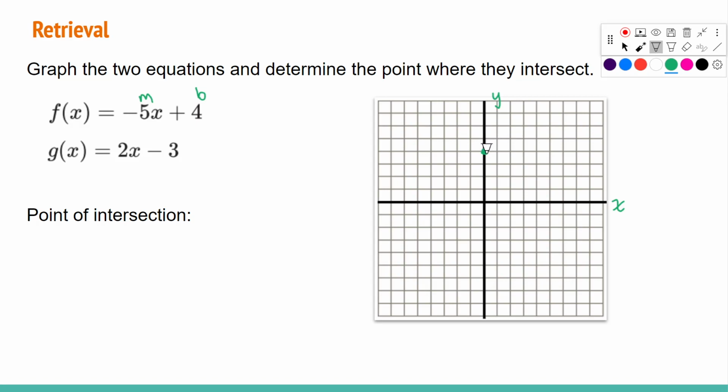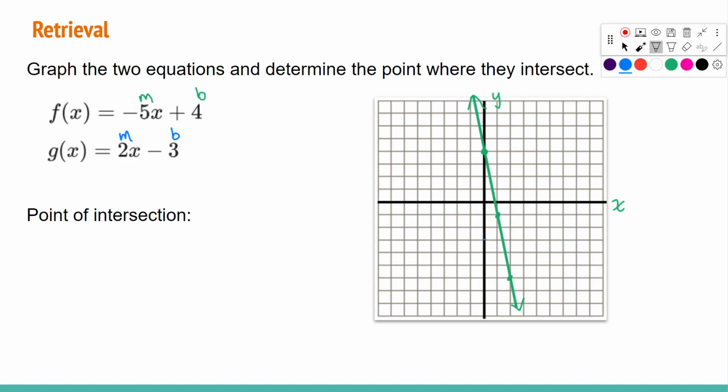So for the first equation, that slope is -5, so down 5, right 1. Down 5, right 1. And graph a line. Second equation, we're going to have a slope of 2, a y-intercept of -3.